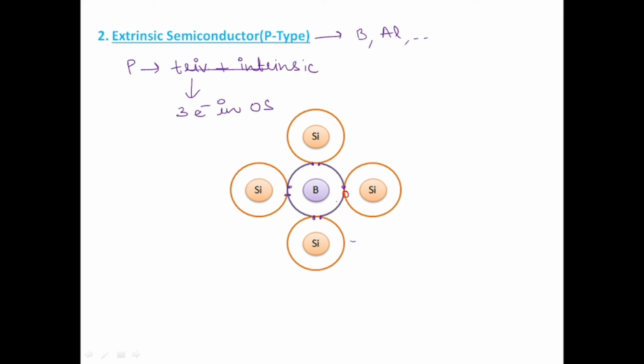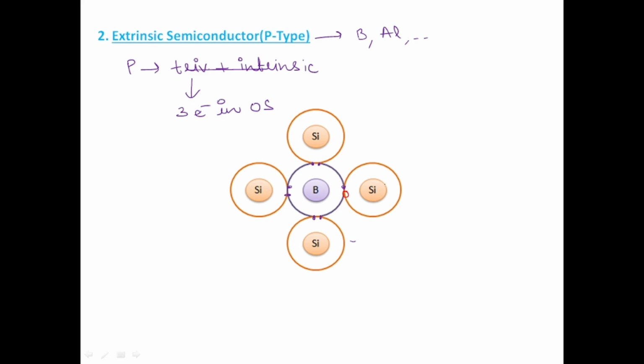A hole is considered a positive charge with the same value as the electronic charge. So each boron contributes one hole, and when many such impurities are added, many holes will be generated.